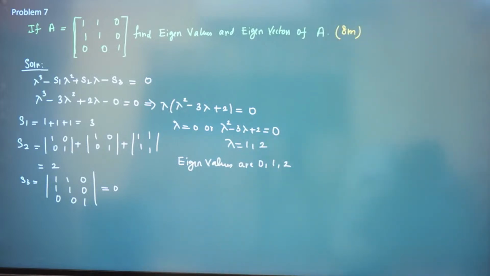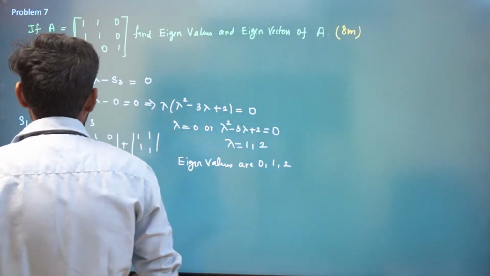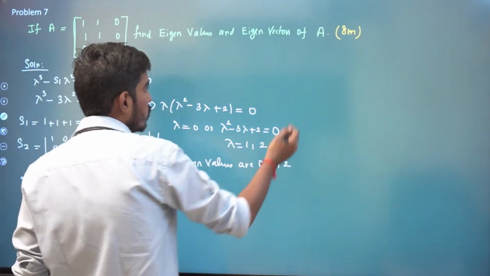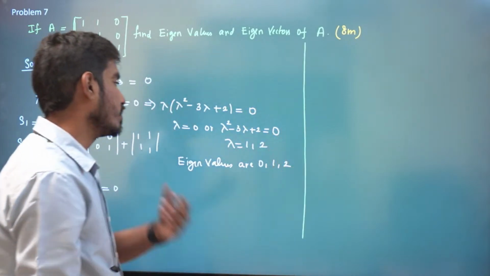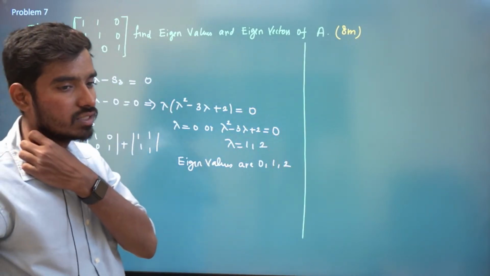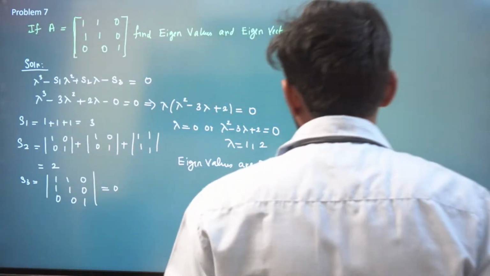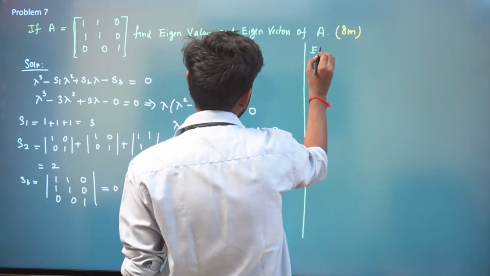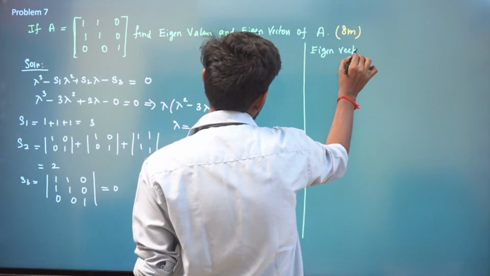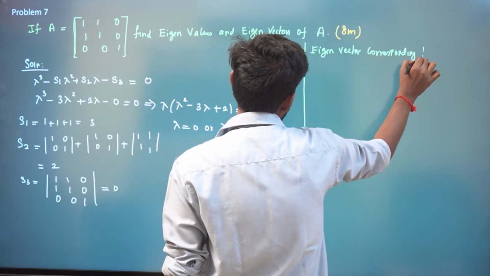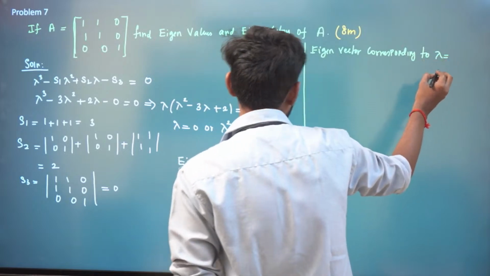Now we'll find the eigenvector for each eigenvalue, right? I'll find the eigenvector corresponding to lambda is equal to 1 first. From there onwards you can find the others. If you have watched all my previous videos, you know how to find eigenvectors.